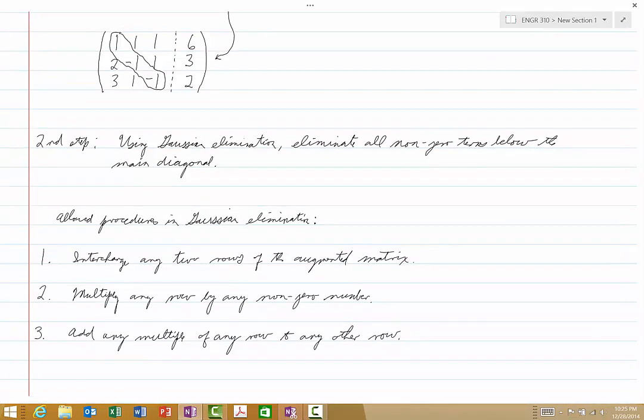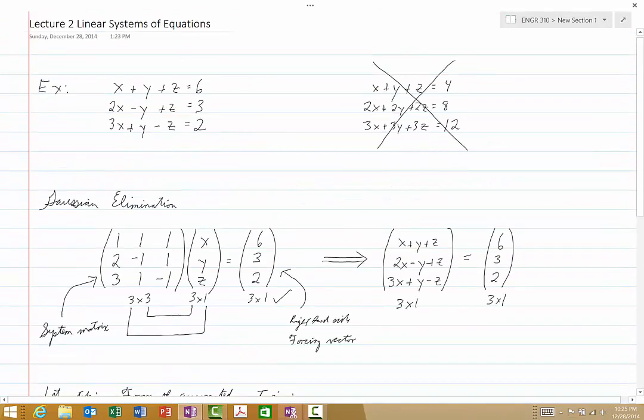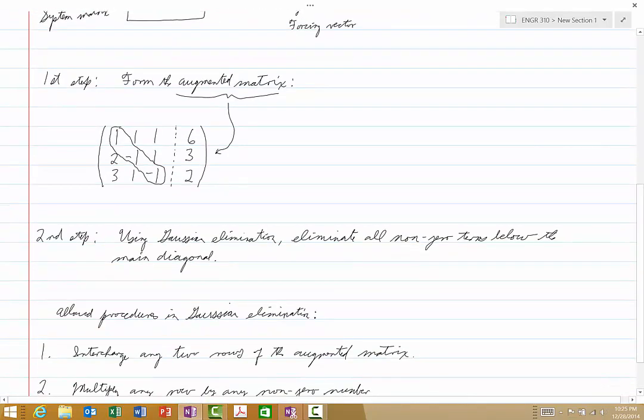And using just these 3 procedures, we will be able to take this augmented matrix and eliminate all these three non-zero terms below the main diagonal. And then once we've done that, solving the original system of equations, which we have right here, will be trivial.